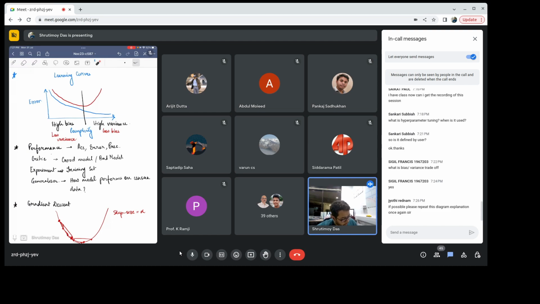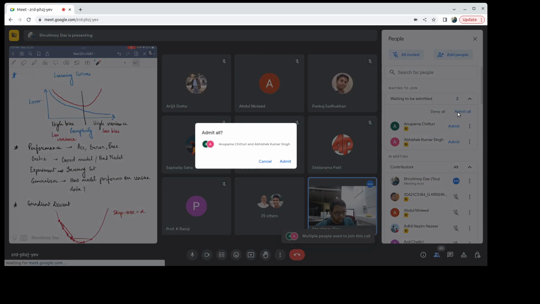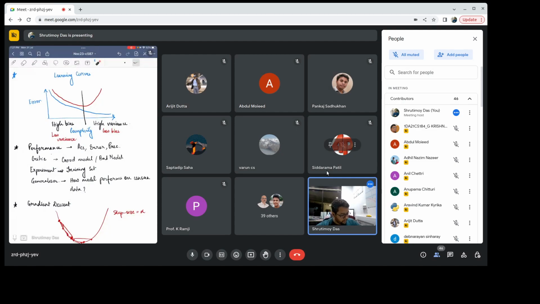So when the complexity of the model increases, your training loss will decrease because your model will fit better and better to your training data. However, when we look at the test set, at first it will decrease because it will have a model that performs well for both the training and the test set, but after some point the test loss will start increasing.